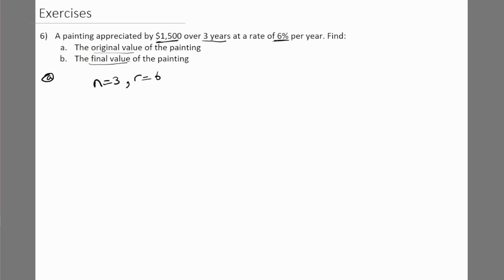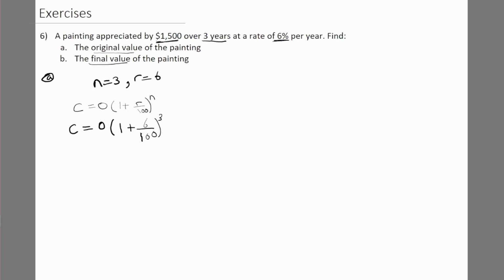So we're going to go ahead and write the rule, which is current is equal to the original multiplied by 1 plus r over 100 to the power of n, and substitute what we know for now. So 1 plus, oh, this is not 3, this is 6 right here, sorry, over 100 to the power of 3.